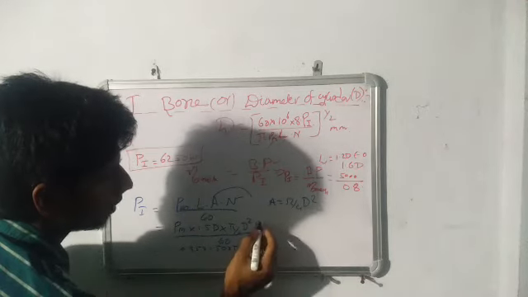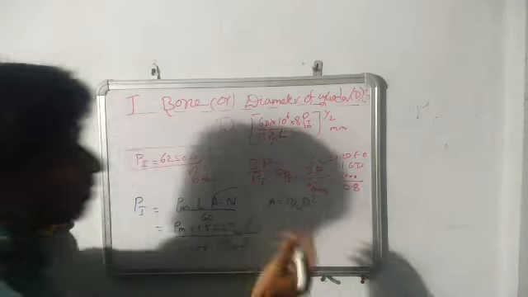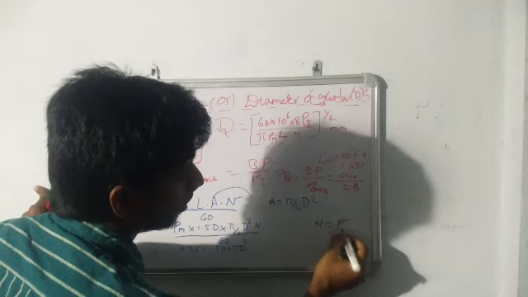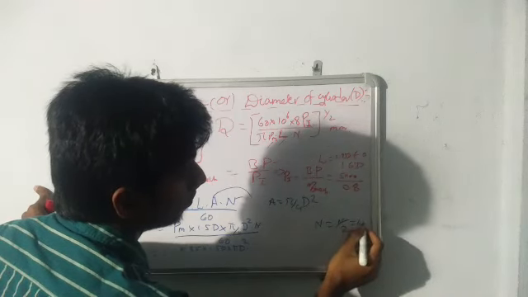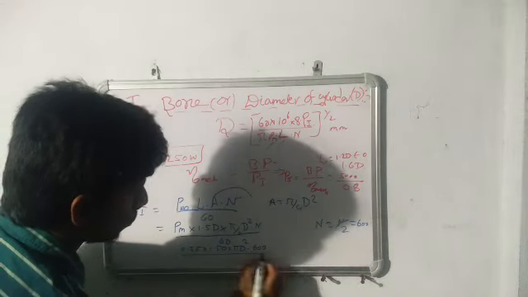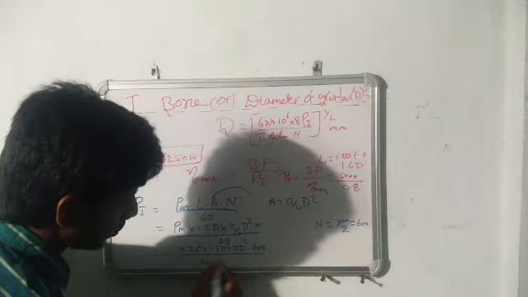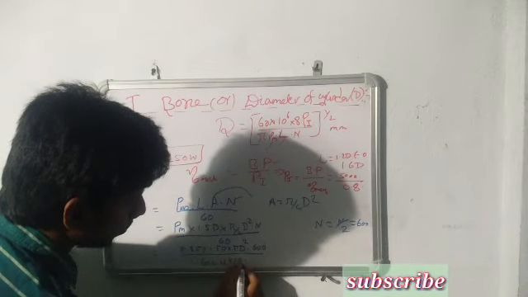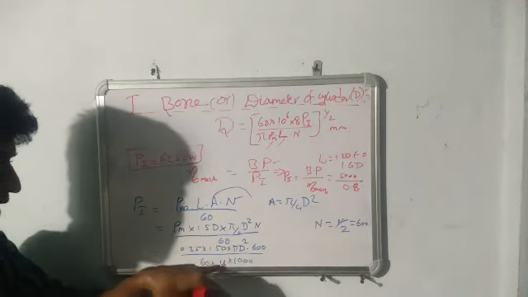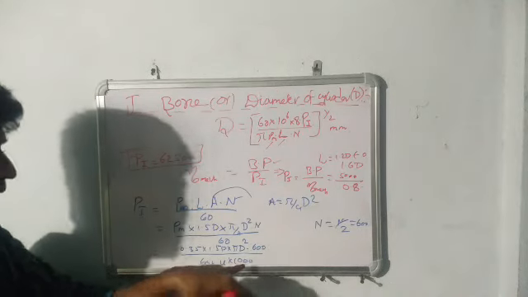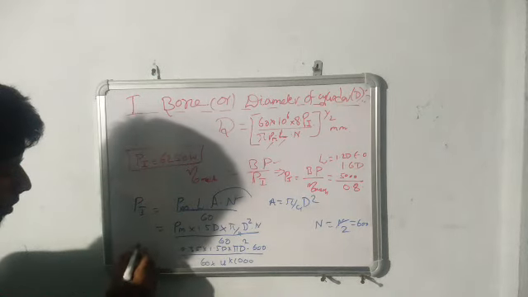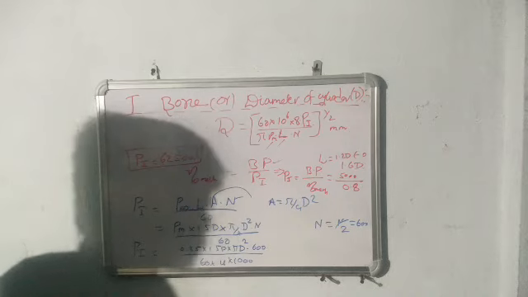Since it is a 4-stroke diesel engine, N is considered N by 2, which is 600, whole divided by 60 into 4 into 1000. The 4 is from π by 4 d squared, and 1000 is the unit conversion. By substituting these values, we get the diameter of the cylinder.